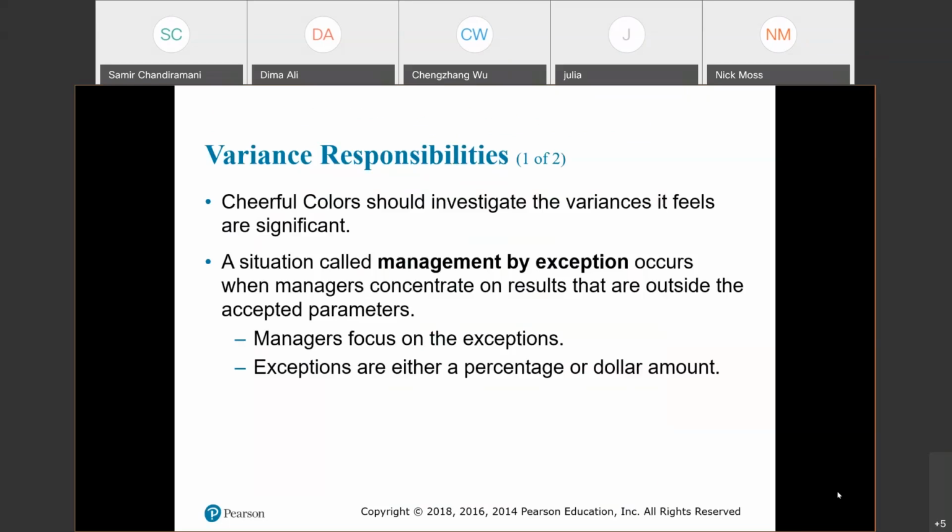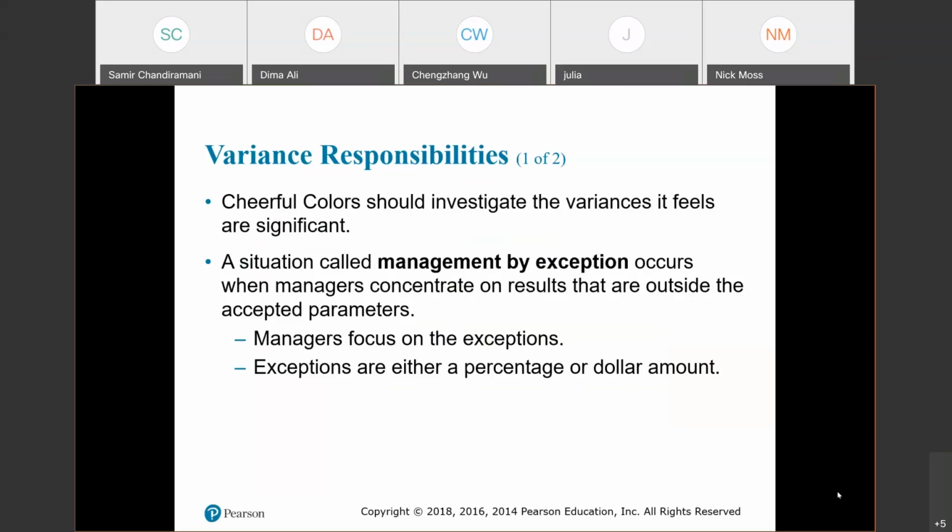This is called management by exception, because managers concentrate on the results that are outside the accepted parameters. In other words, the managers focus on the exceptions.